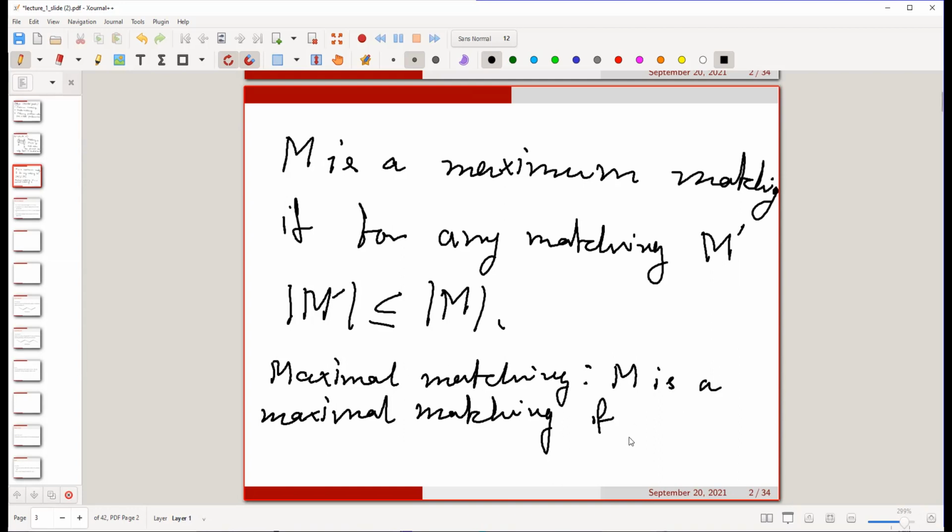So for any E belonging to E minus M, M union E is not a matching.